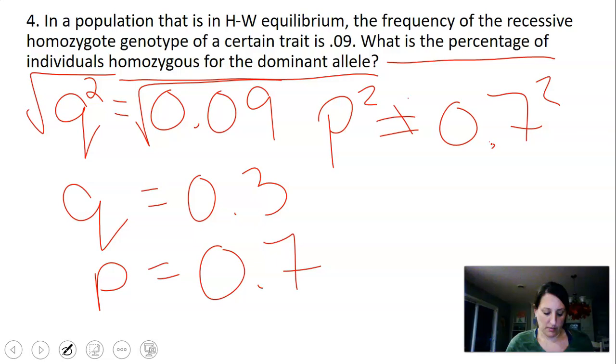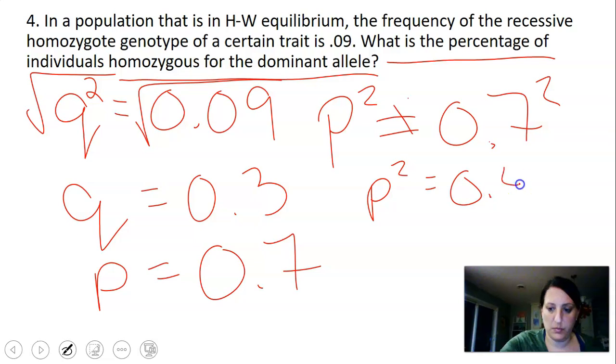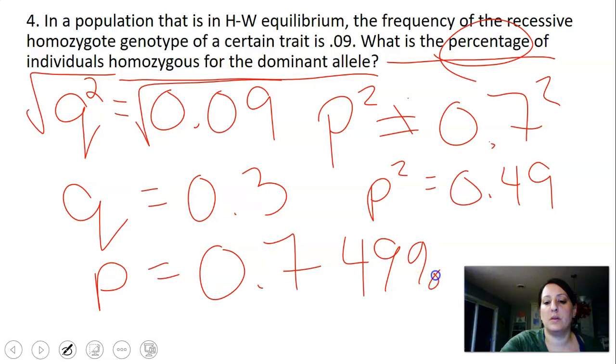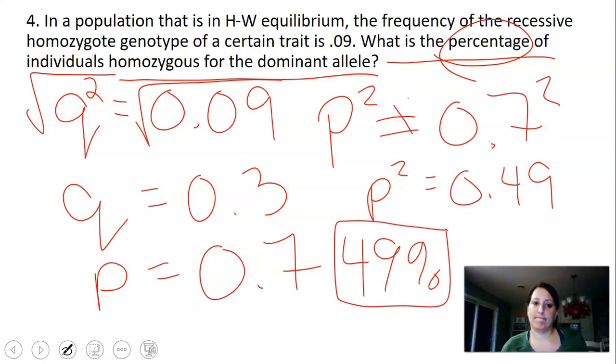So let's do that. 0.7 squared equals 0.49. So P squared equals 0.49. Well, they want the percentage, so we're going to have to multiply by 100, and that's going to be 49%. Okay? And that's it for that one. So that was number 4.